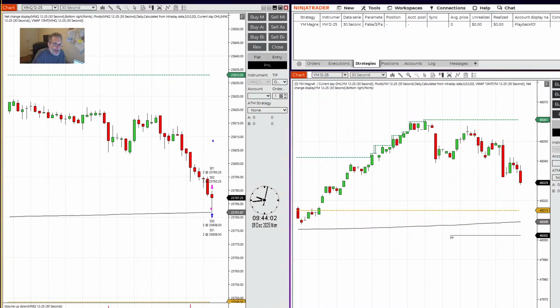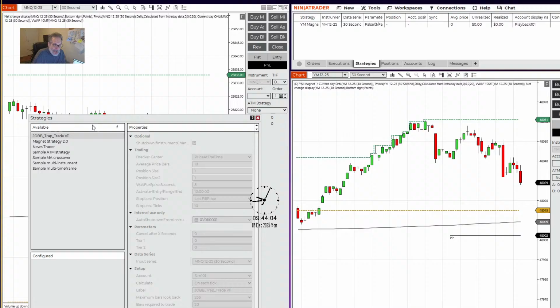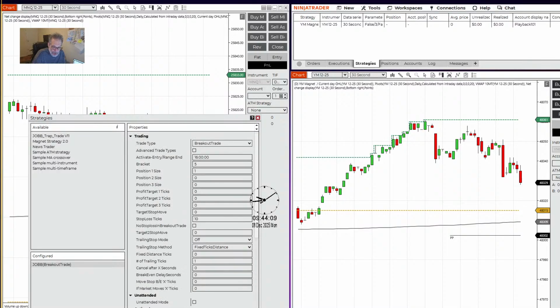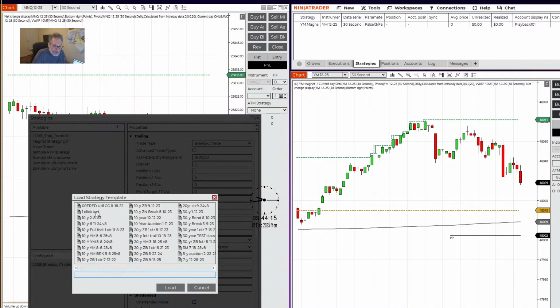Let me put our trade back on. The MNQ breakout this morning. Let me load the template. I want to see if a bigger bracket might have helped. So I'm looking for my MNQ open.